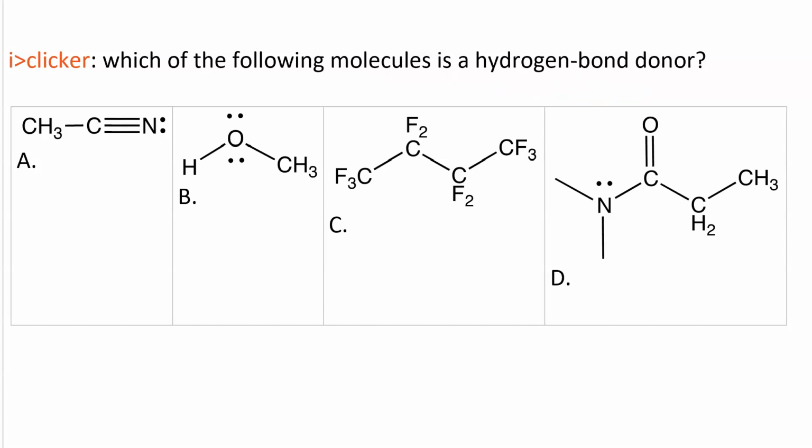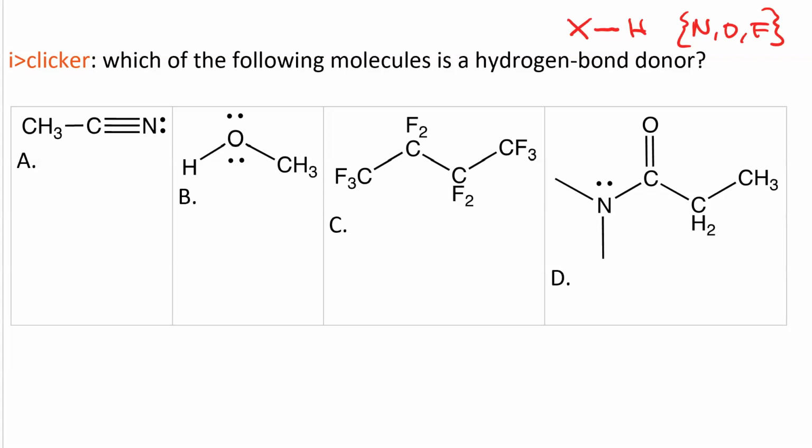So if you've got the answer, I'm about to show it. Remember, a hydrogen bond donor contains X bonded to hydrogen, where X is either nitrogen, oxygen, or fluorine, right?